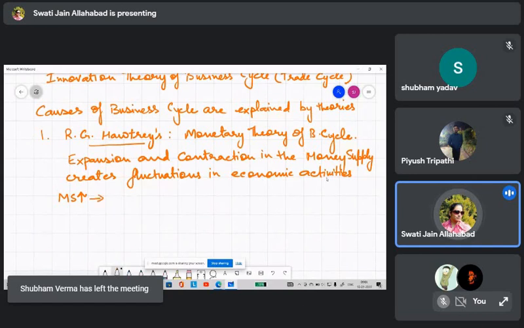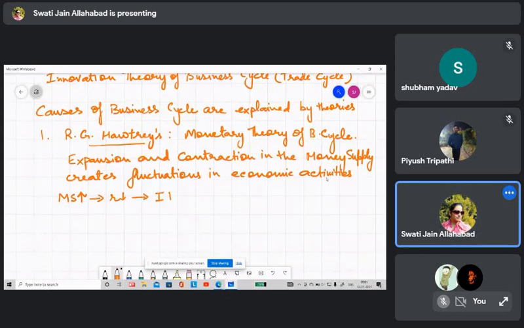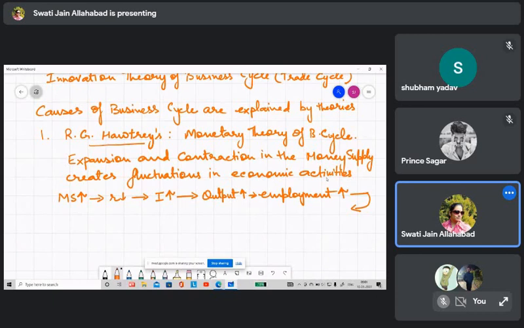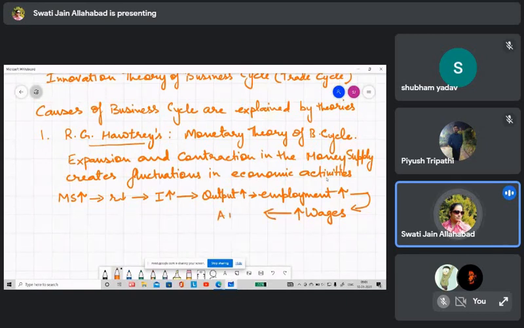Money supply increases, interest rate comes down, investment goes up, so output goes up, employment goes up, wages increase. This leads to an increase in aggregate demand.